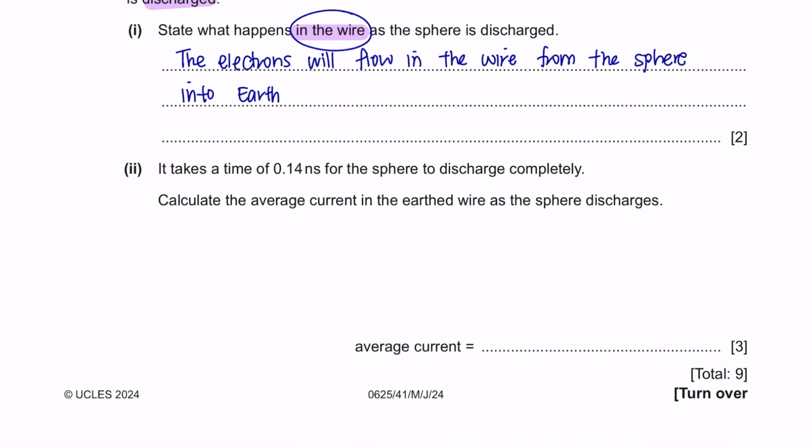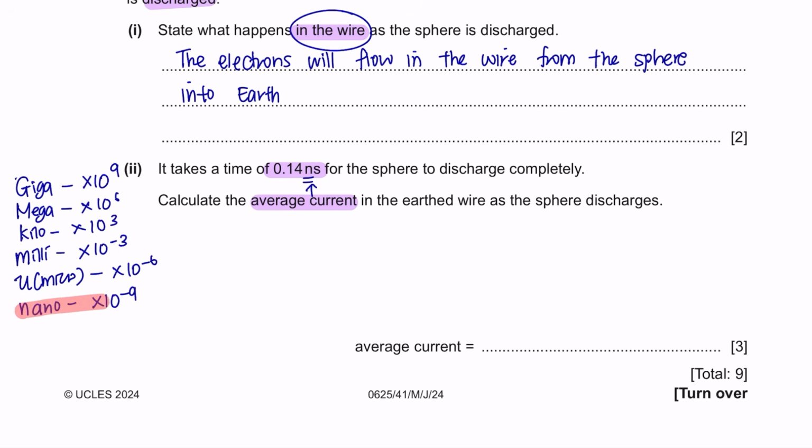Next, part 2. It takes 0.1 nanoseconds for the sphere to discharge completely. Calculate the average current in the earthed wire as the sphere discharges. So pay attention here that the unit is in nanoseconds. Nano is times 10 to the power of negative 9. So 0.1 times 10 to the power of negative 9 seconds is the time taken.